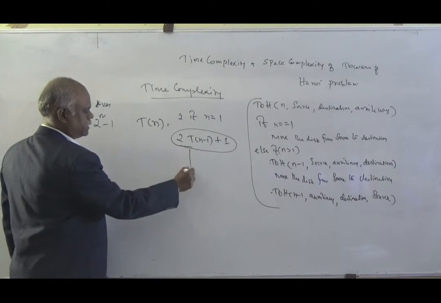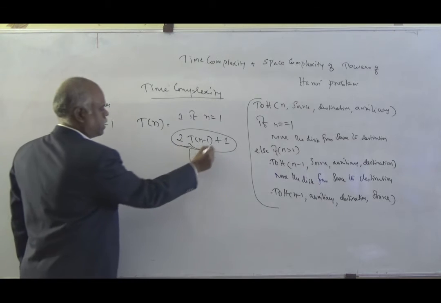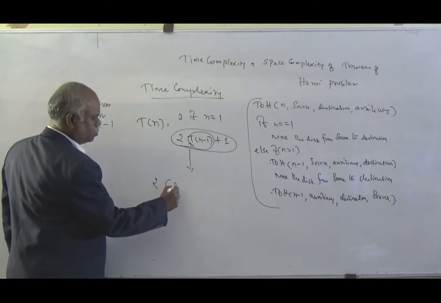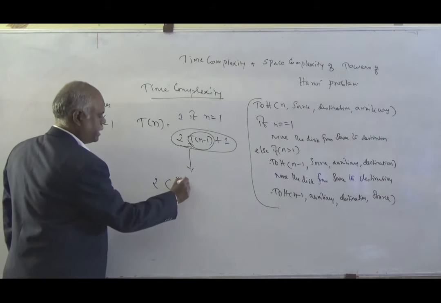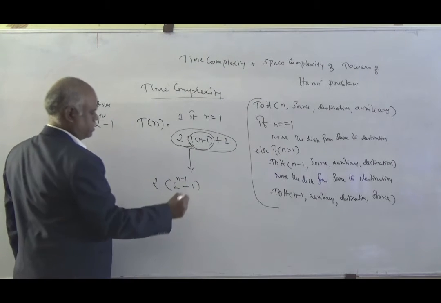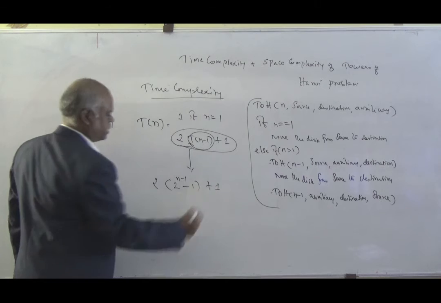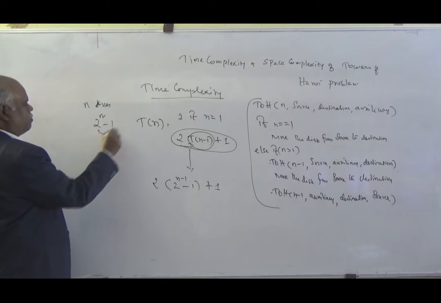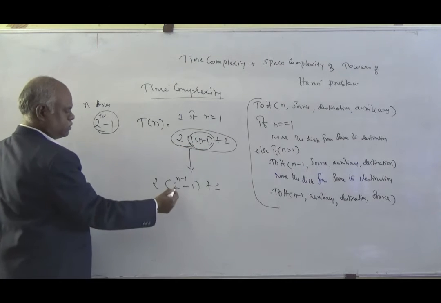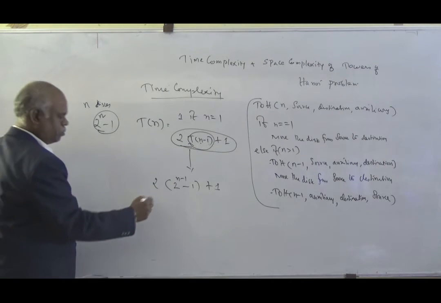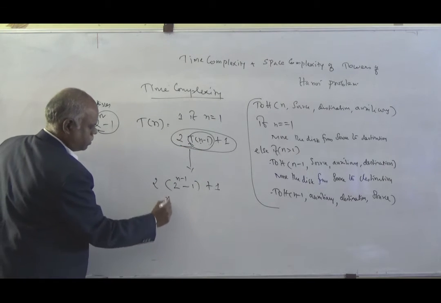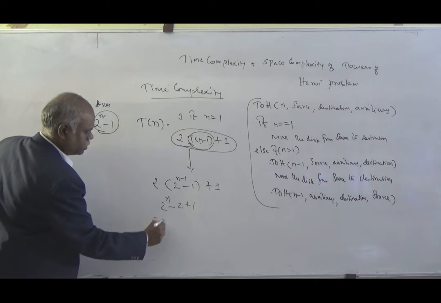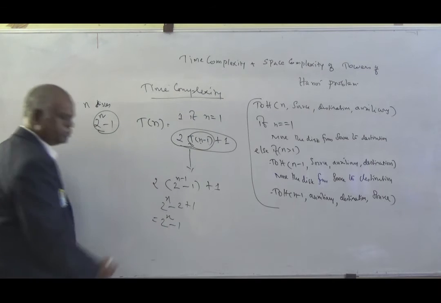So for this case, how many steps are required for T of n minus 1? 2 into (2 to the power of n minus 1, minus 1) plus 1. Here n minus 1 disks are there, so 2 to the power of n minus 1, minus 1. So what is the value now? 2 to the power of n, minus 2, plus 1, is equal to 2 to the power of n minus 1.